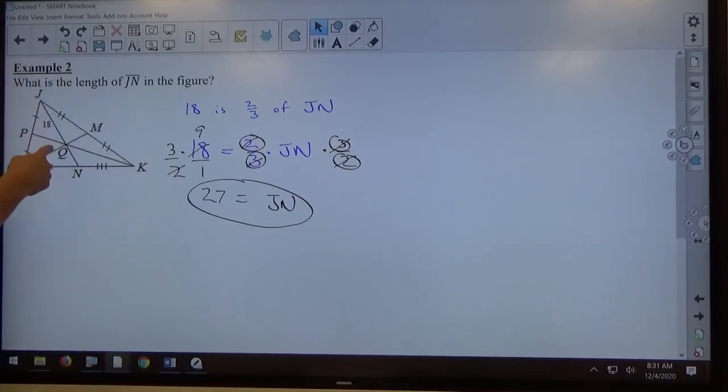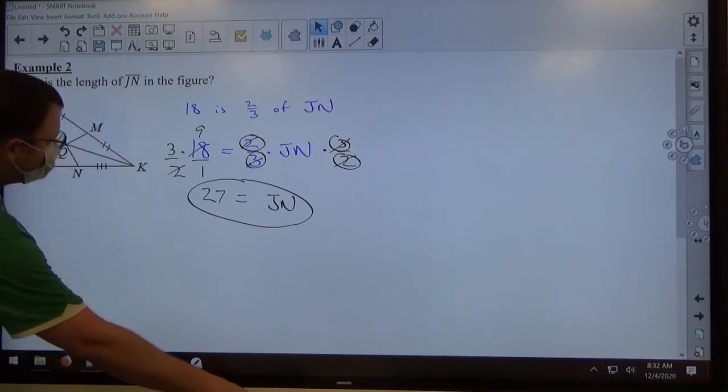Here's a second way that you might like even better. JQ is 2/3 of the way, QN is 1/3 of the way. How do 2/3 and 1/3 relate? Same denominator. Same denominator, how else? What do you multiply by 1/3 to get 2/3? 1/3 times what equals 2/3? 2 over 1, or just 2, right?